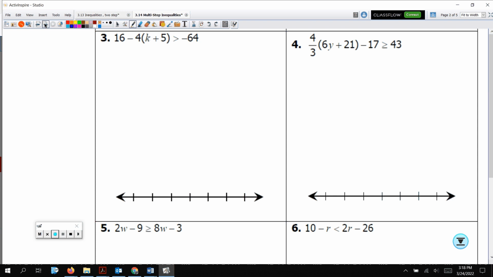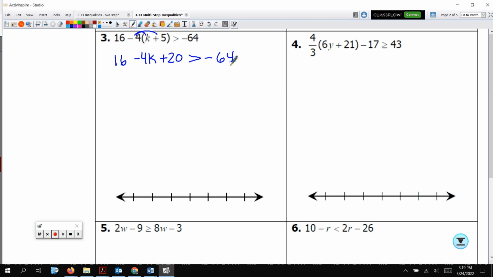All right, let's look at number 3 here. I'm going to distribute negative 4. Negative 4 times k, negative 4k. Negative 4 times positive 5 is positive 20. After I distribute, bring down what you got. I got the 16, bring it down. I got this inequality symbol, bring it down. I got negative 64, bring it down.